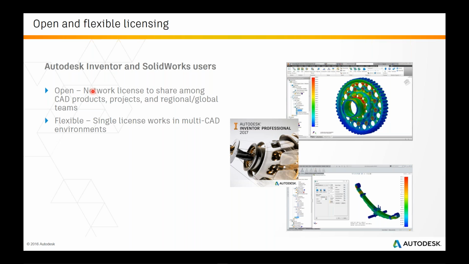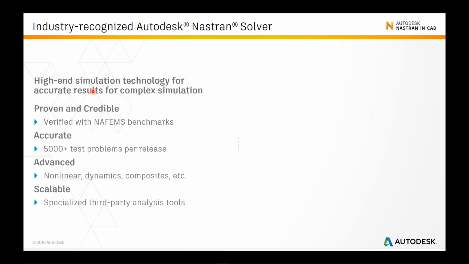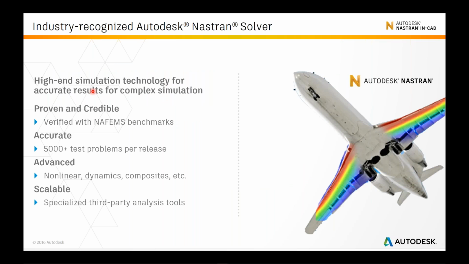Now there has always been a question asked about the accuracy of the solutions. When you are going to reduce prototypes, you are going to rely on digital simulation for prototype building. How accurate are you going to simulate?